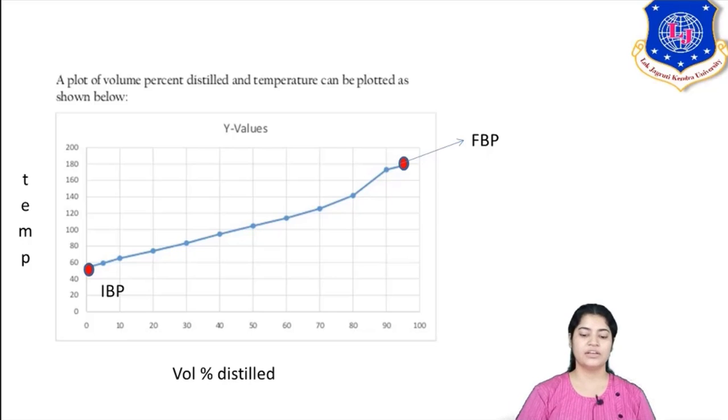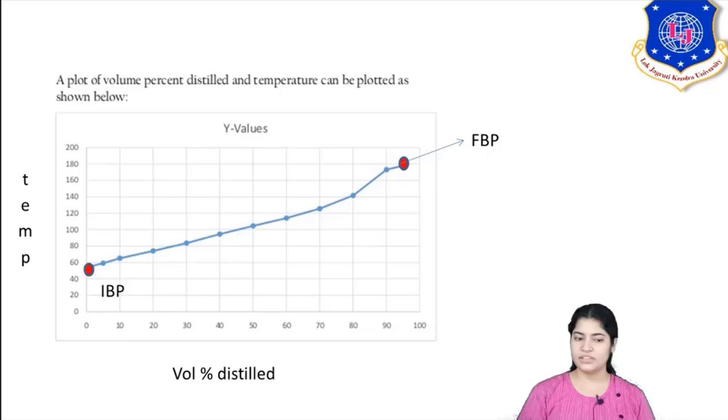So what does it show for different volume percent distillate? Up to 10% distillate, there is a very high amount of volatile component, so that kind of distillate will have certain characteristics. Moving further, at 90% distillate, the less volatile component is increasing and is in the majority, so the characteristics will be different.